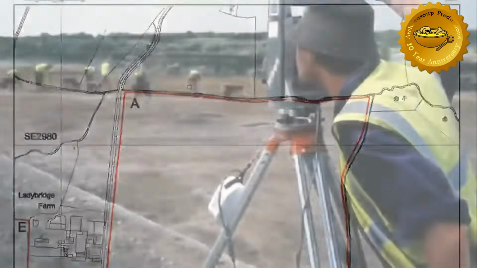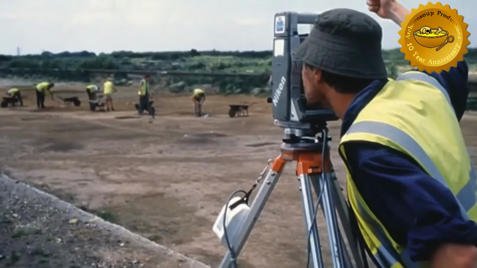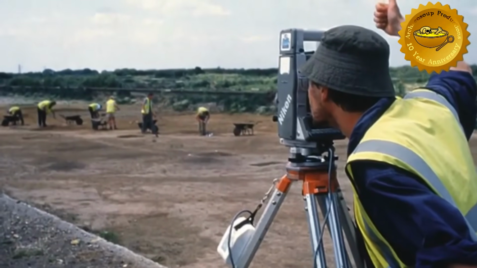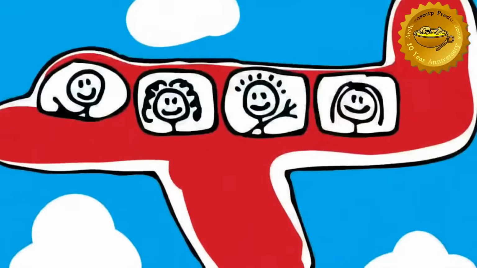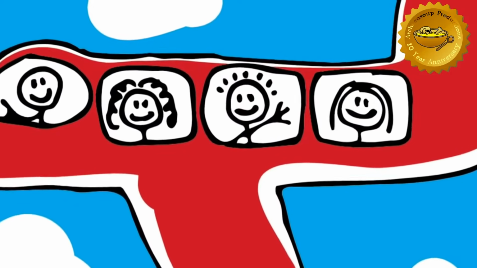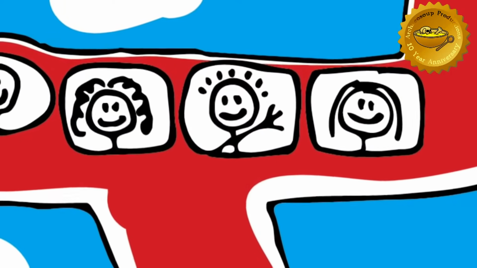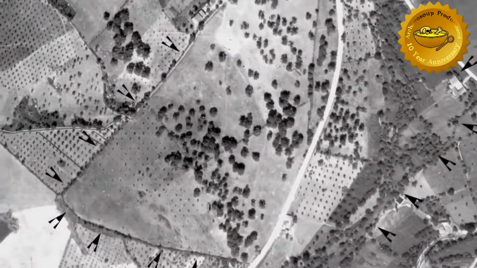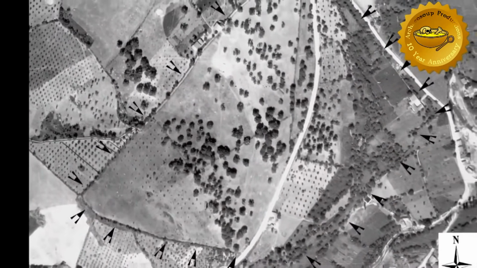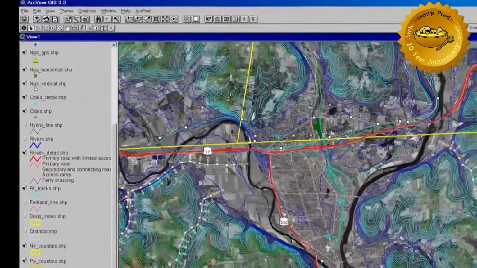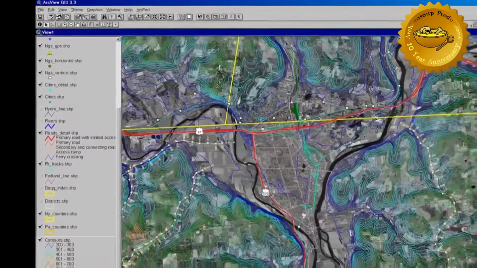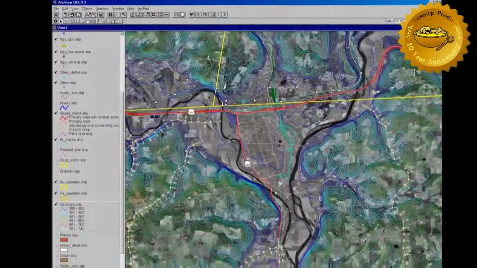Occasionally survey work may be undertaken in order to even more accurately measure a site, and sometimes a lucky archaeologist may get the grandest view of all by going up in a plane. Here, for example, a whole town has been identified just by getting a new perspective on the site from above. Eventually, all of this data can be logged and gathered together in a Geographical Information Systems program.